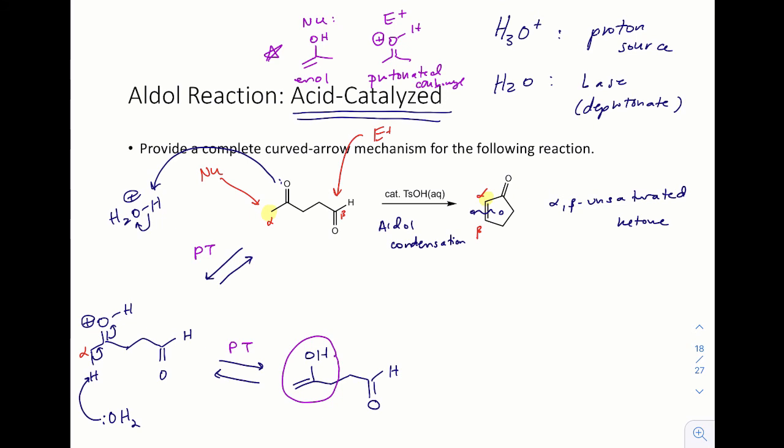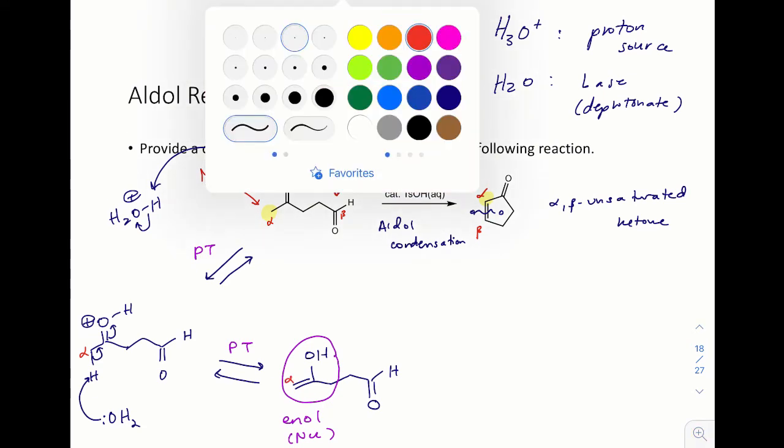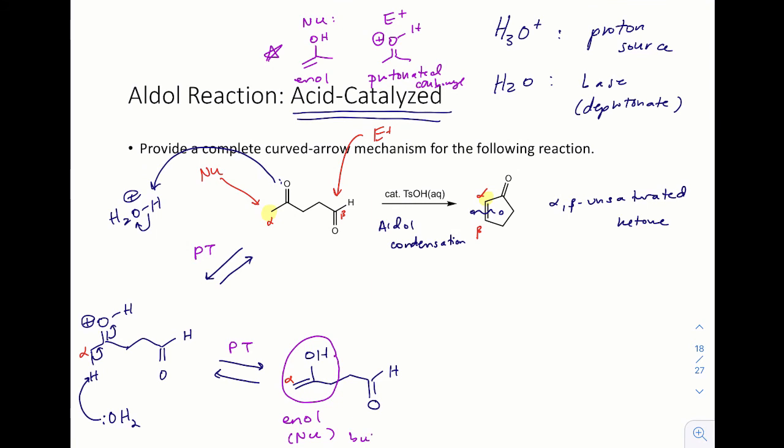Now, the enol, which will be the nucleophile in the aldol addition reaction, is present. However, we know that enols are less nucleophilic than enolates. They're less electron rich, right? So enols do not react with neutral aldehydes, at least not very quickly. In fact, the aldehyde can be protonated by hydronium.